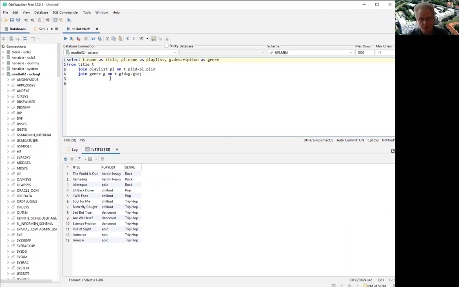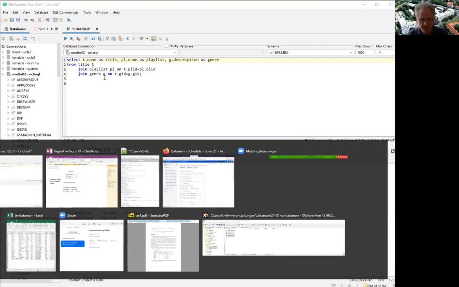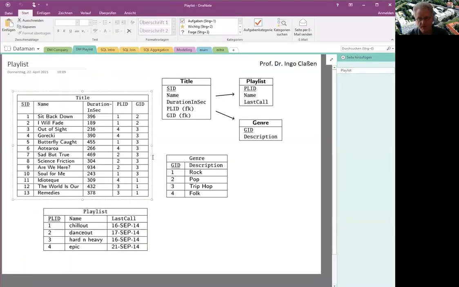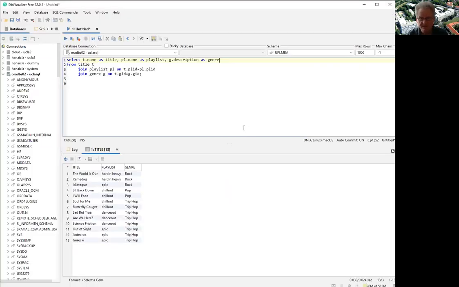An important point here is that we are carrying out 2 joins, as you see. In the first join with respect to the playlist, we are combining PLID with PLID. And in the second join, we combine GID with GID, and that's really important to understand. You can only compare foreign keys and primary keys that have the same meaning.